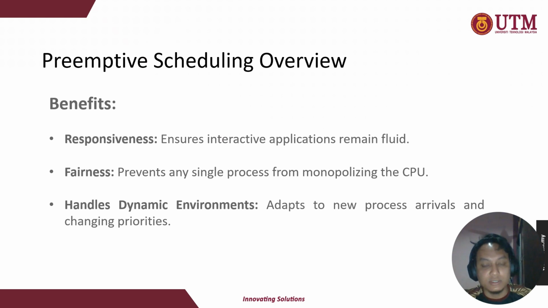So if you open YouTube or whatever, it will give the CPU fairly, and it handles dynamic environments, which adapt to new process arrivals and changing priorities. When you open another application or software, it won't disturb the currently running processes.